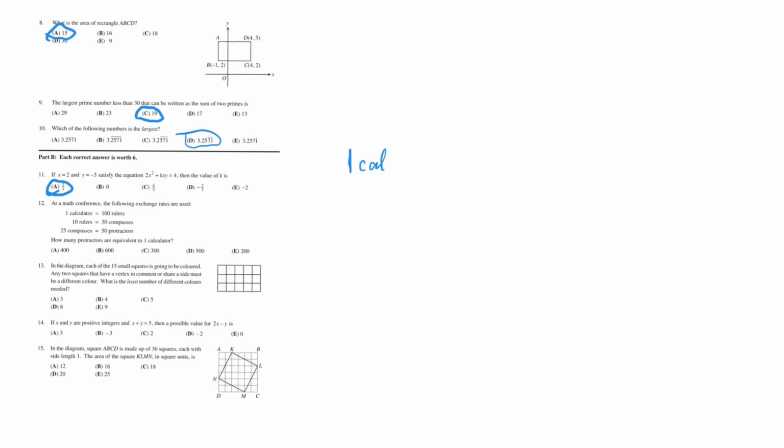Convert to protractors. So 1 calculator, first the conversion facts, that's 1 calculator equals 100 rulers. So I try to cancel calculator and convert first to rulers. Now 1 calculator equals 100 rulers.